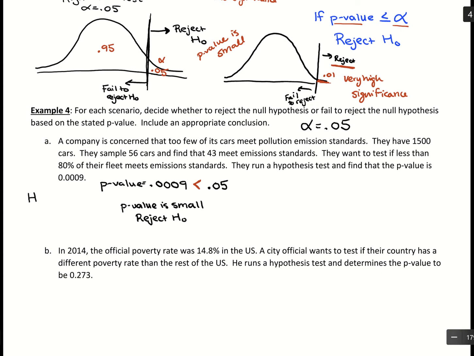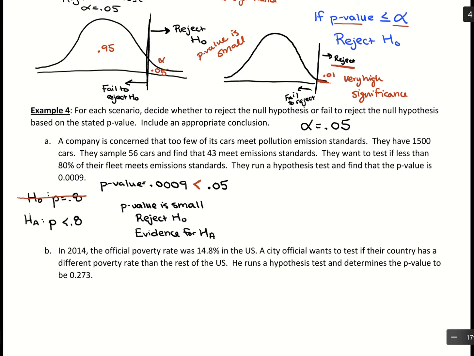Because if we think about our null and alternative that we set up in that previous video, that p is 0.8 and we're trying to prove that p is less than 0.8, when we took our sample it had a very low probability of occurring, which means this null hypothesis probably isn't true. So we want to reject that null, and what we do is we have evidence for the alternative.